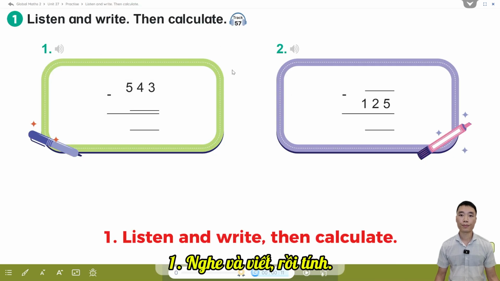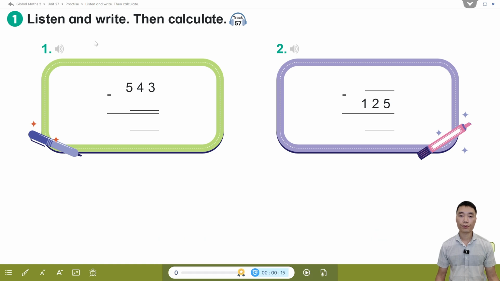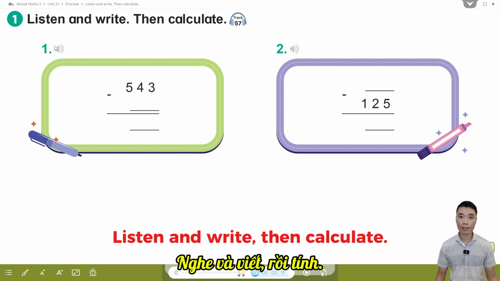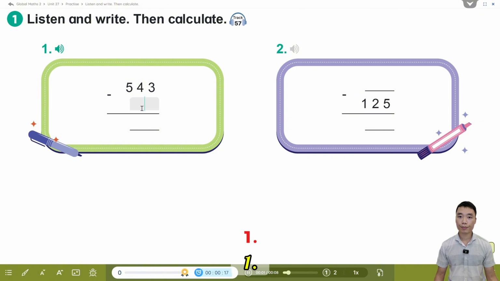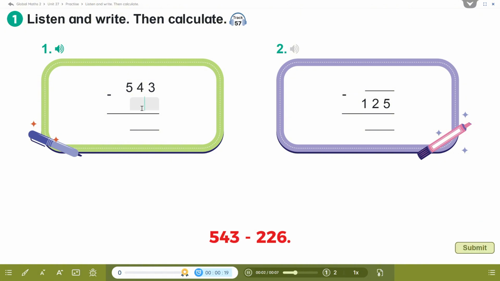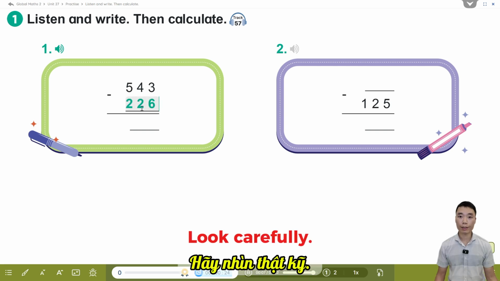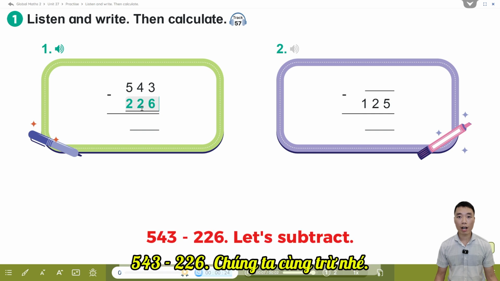Listen and write, then calculate. Number 1. 543 minus 226. Look carefully. 543 minus 226.